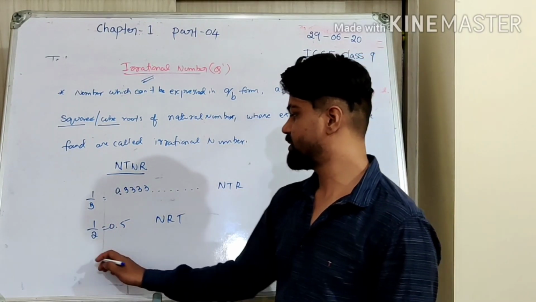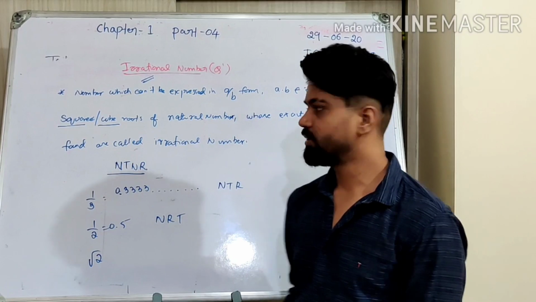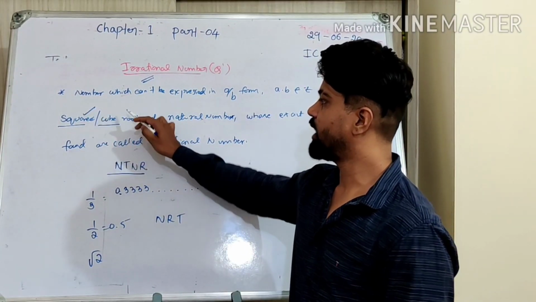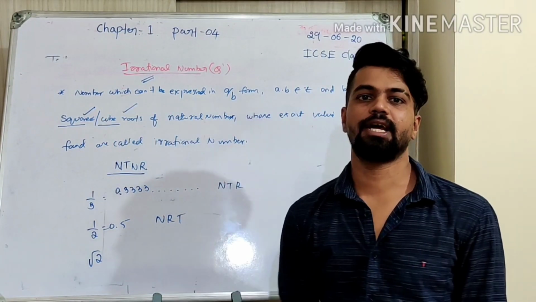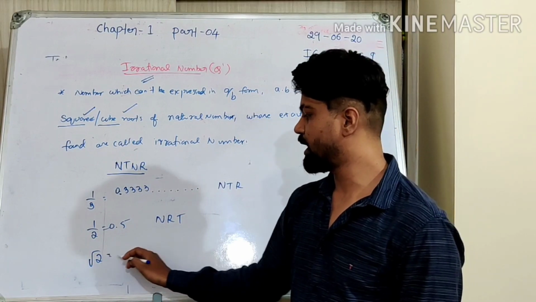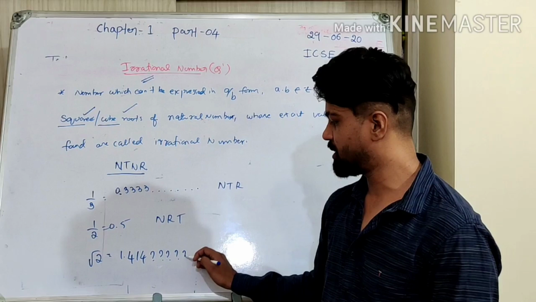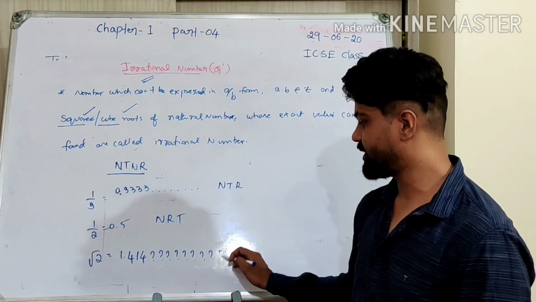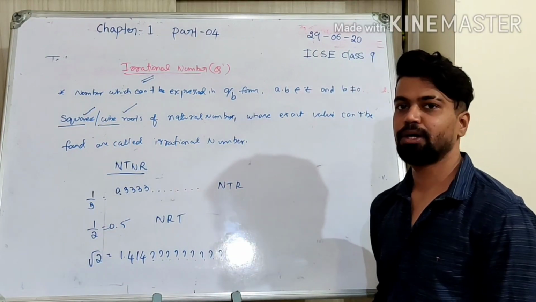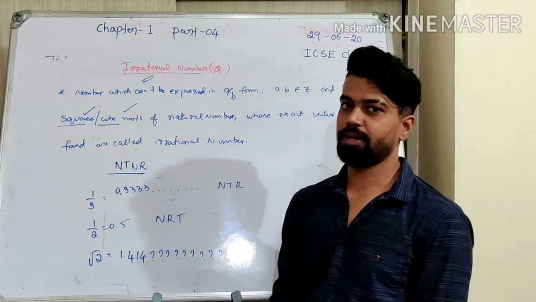Whereas root 2, what I said, square root and cube root of the natural numbers whose exact value is not known. Root 2 value is 1.414. After that it keeps on coming. There will be no repetition, there is no pattern also. So after one point of time we will not understand what number is going to come next.